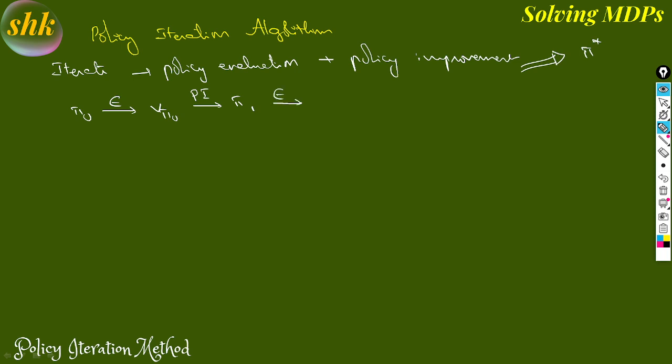Again, we evaluate this policy to obtain the new value function v pi 1. Then we go for improvement to get the new policy pi 2. This process continues until we get the optimal policy. Once we have the optimal policy, if we evaluate it, the value function we get is the optimal value function. So in the algorithm, first we go for initialization.